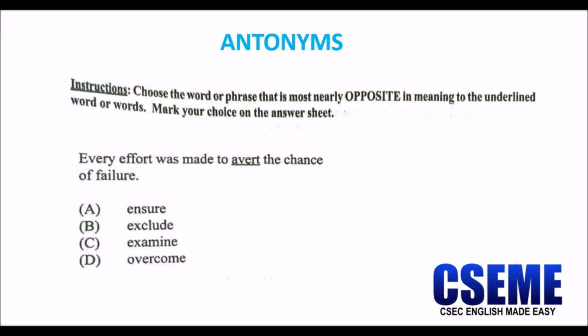Now, this is what gets students all the time when they're doing antonyms. They oftentimes select the synonyms, a word that is similar in meaning to the word there. So often in the options that you're given, somewhere in there is a possible synonym that you have to look out for and avoid, because that is not what you are looking for. You're looking for the word that is most nearly opposite.